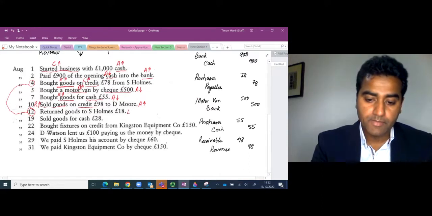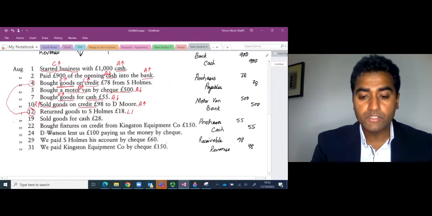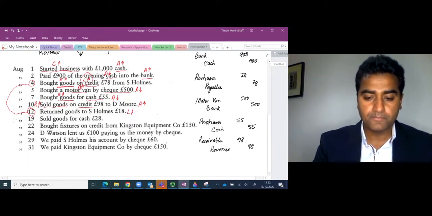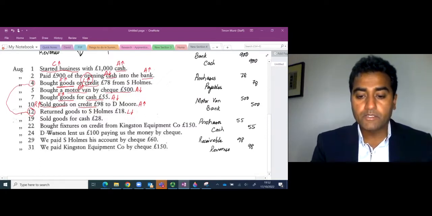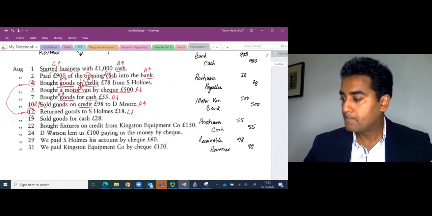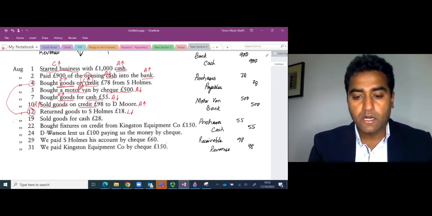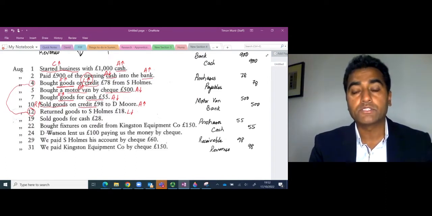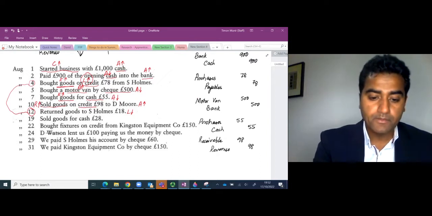When I bought goods from S Homes, my liability was increased, and now my liability will decrease because I'm returning some of the goods, and I only owe £60 to S Homes.